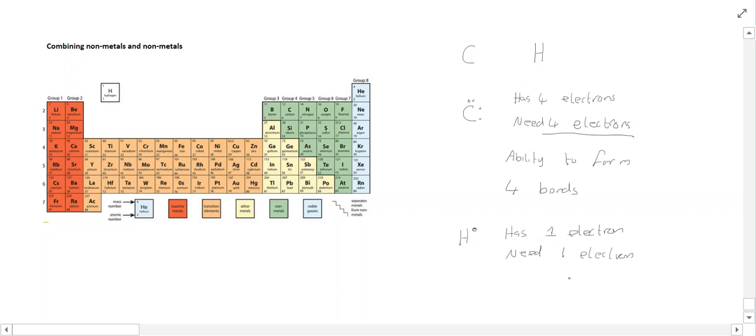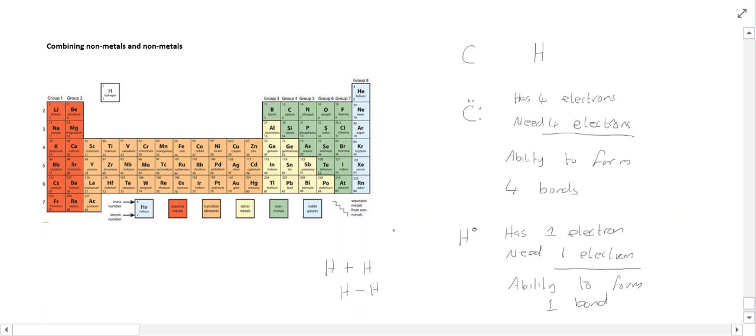Because it needs 1 electron, it has the ability to form 1 bond. So it can only bond once with another atom. If we have a hydrogen and a hydrogen, that's just going to form 1 covalent bond like that.